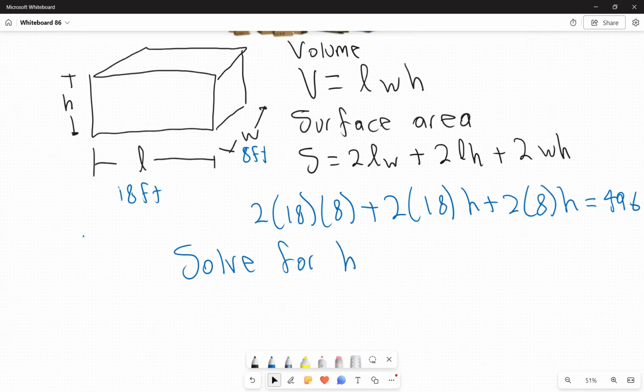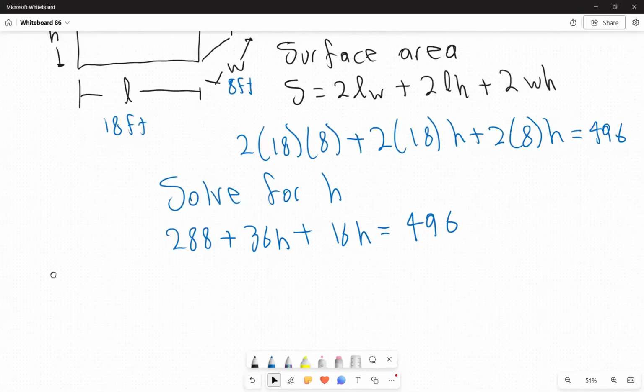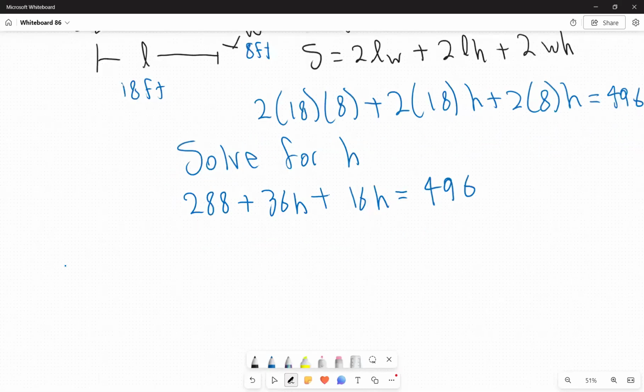So 2 times 18 times 8 is 288. 2 times 18 is 36, and 2 times 8 is 16. Okay, we are getting closer. We are going to pass the 288 to the other side and combine 36H and 16H.